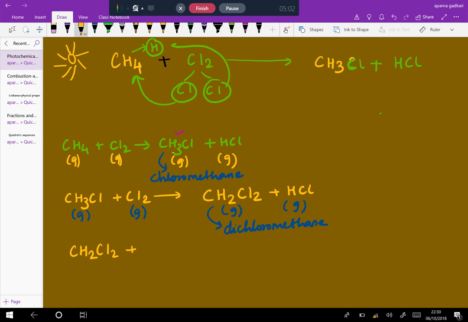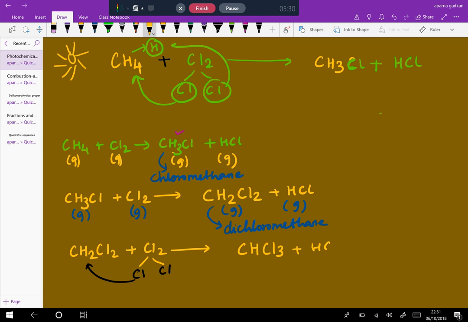Now this dichloromethane, CH2Cl2, will react with more chlorine, and what will you get? Again, these chlorines are diatomic. There will be two chlorine atoms. One chlorine will go and knock out one hydrogen. So instead of CH2 we have CH, and instead of Cl2 we have Cl3. That means again the hydrogen got decreased by 1 and chlorine got increased by 1.